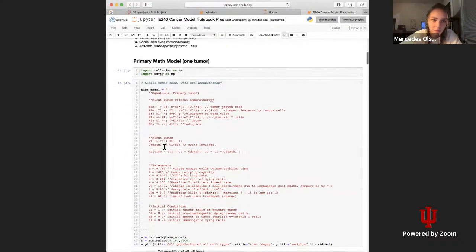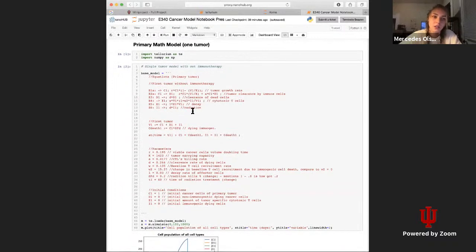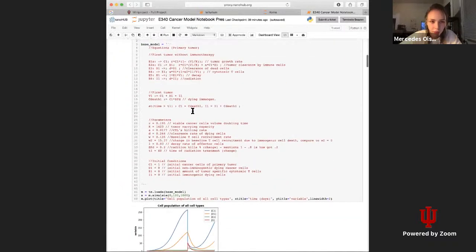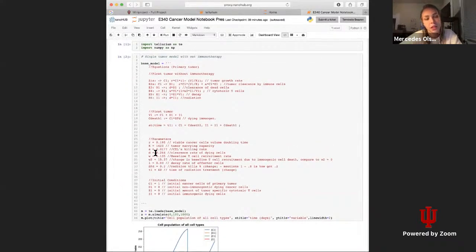So going into the model. Here I ran just that singular model, and seeing it in the NanoHub application, you can see where the equation was changed to the tumor growth rate, the tumor clearance by immune cells, and just the competition for resources and the clearance of dead cells.